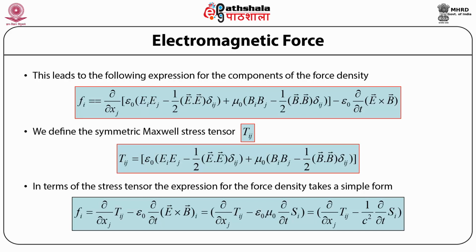Since we know, as defined above, that the vector product of the electric field and the magnetic field induction vector is the Poynting vector, using this definition we can finally write the expression for the force density as the partial derivative with respect to x_j of the Maxwell's stress tensor T_ij minus 1 by c square times the partial time derivative of the ith component of the Poynting vector S_i.